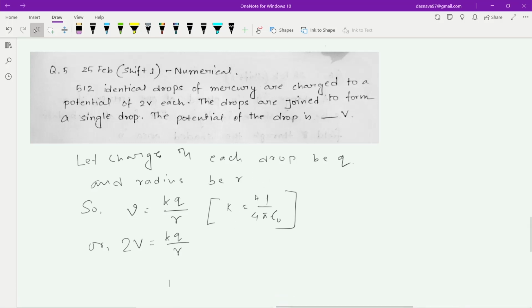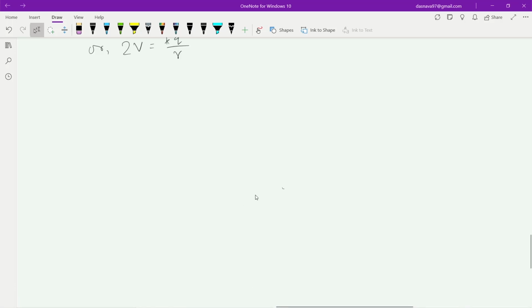Now let the radius of bigger drop be capital R. सो क्या होगा कि सारे छोटे छोटे जितने भी ड्रॉप्स हैं वो अगर कंबाइन किए, मतलब कि 512 ड्रॉप्स if they are combined, so they make the volume of the larger drop.